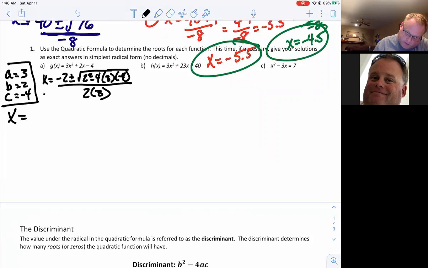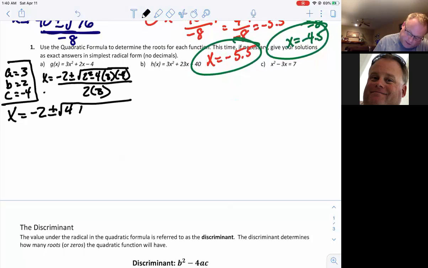So x equals negative 2 plus or minus the square root of 2 squared is 4. Now, I'm going to use my calculator for the other part, and that is negative 4 times 3 times negative 4, and that equals 48.